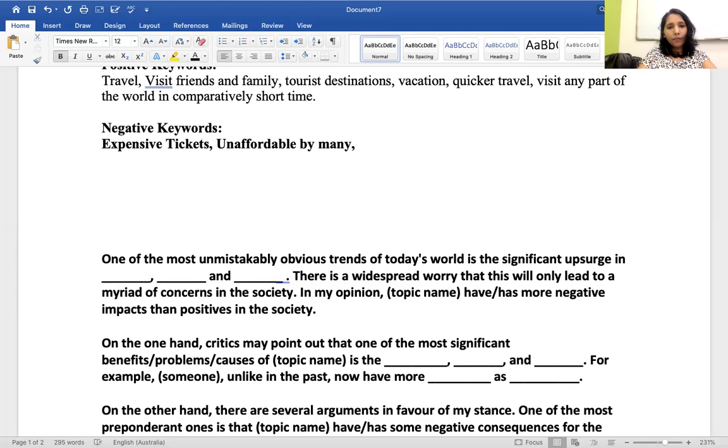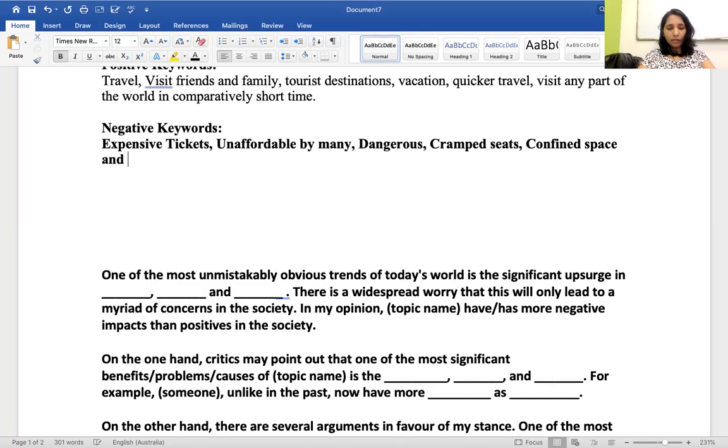Okay, then it can be dangerous, cramped seats, and then germs can spread because it's a cramped space or a confined space, and infections can spread, something like this.